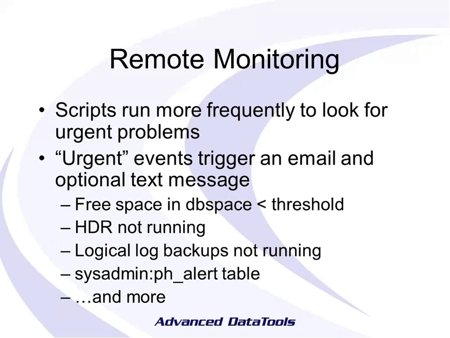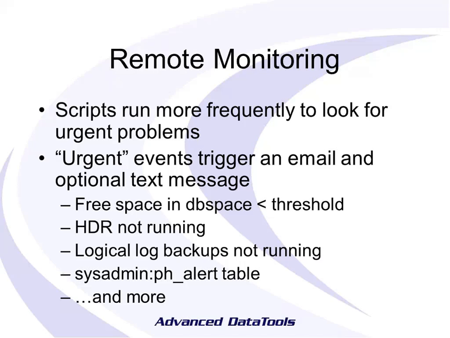The sort of things we look for here, we might look for, do we have enough space in our DB spaces? And we can set up a threshold. Say, okay, this DB space, we need an alert if it drops below 10%. Whereas some of your larger DB spaces, you may only want an alert if it goes below maybe 2% or 1%. You may want an alert if your HDR is not running, or if your logical logs are not backing up.